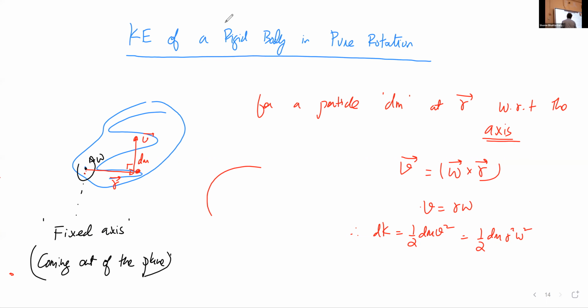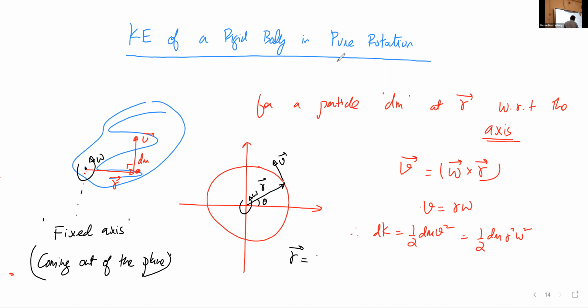Going back to circular motion, if at some particular instant the position vector was r, then we saw that the velocity vector automatically becomes like this, because r cap is this unit vector.